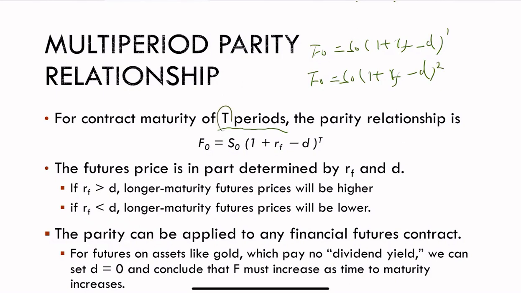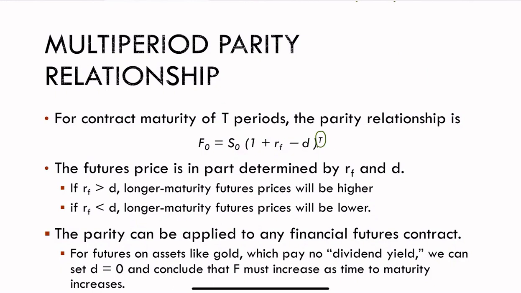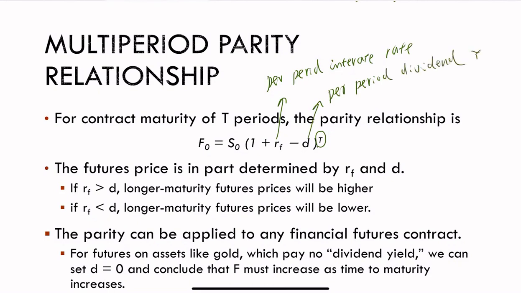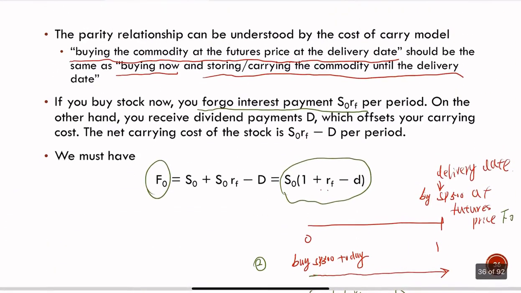For T years or T periods, you could put a T here. RF is the per period interest rate, and D is the per period dividend yield.